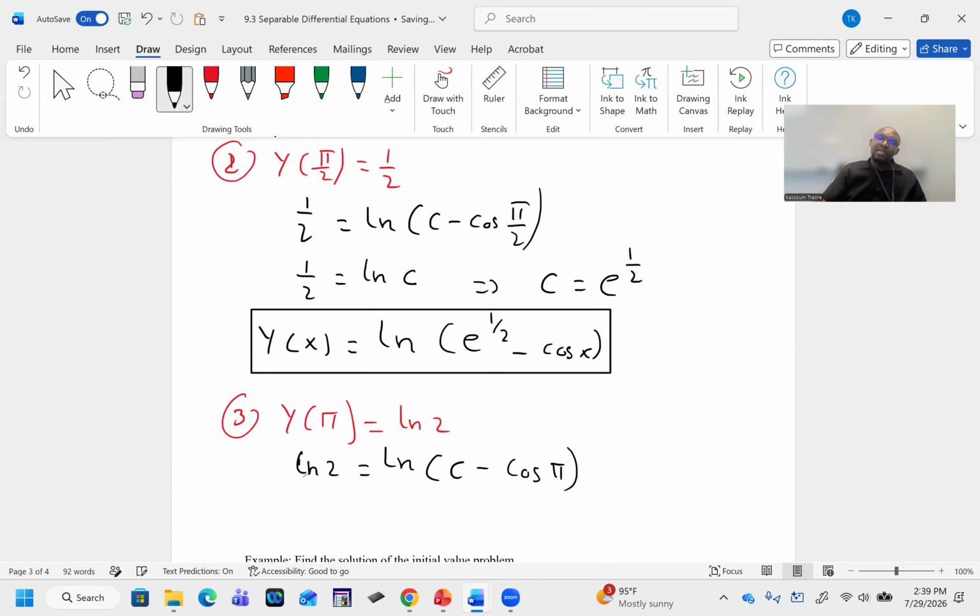And cosine of pi is what? Cosine of pi is -1. So ln of 2 will be equal to ln of c plus 1.